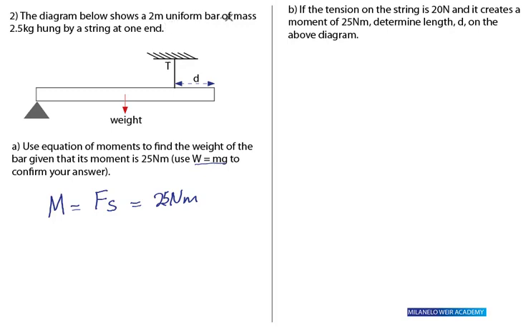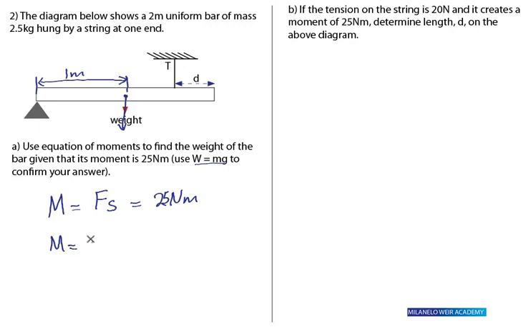It's a uniform bar, right? So the weight acts at the midpoint. So that means from here to here we have 1 meter, because this is the center. The other side is also 1 meter, right? Good. So what do we do?